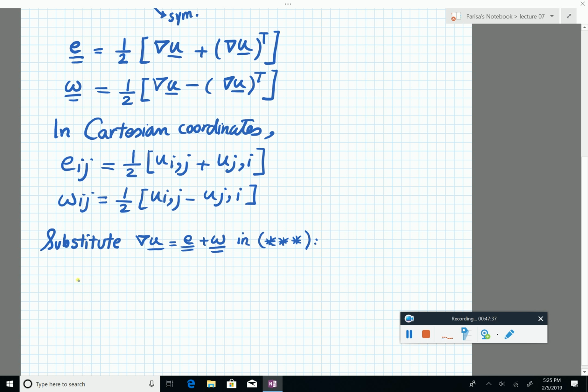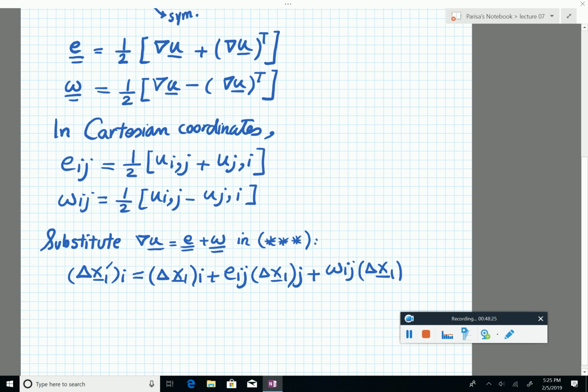We can see something like that. All I'm doing is just writing the vector equation in terms of component and substituting the gradient of displacement by E plus omega.